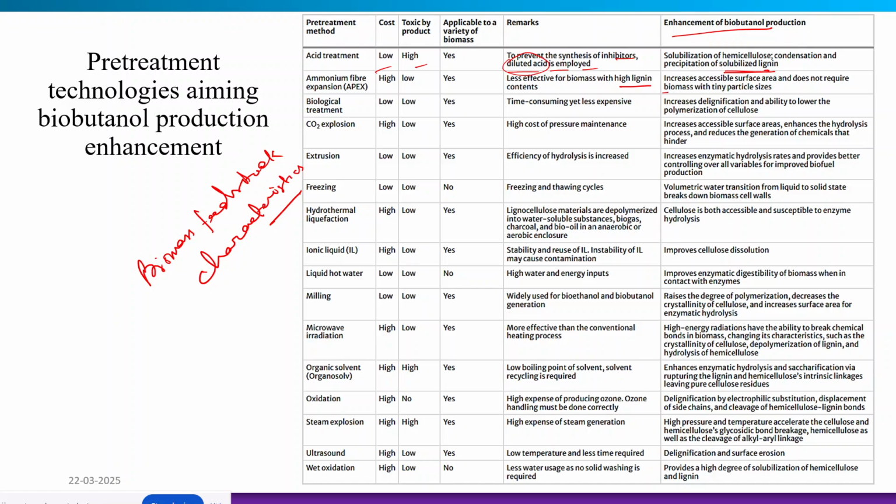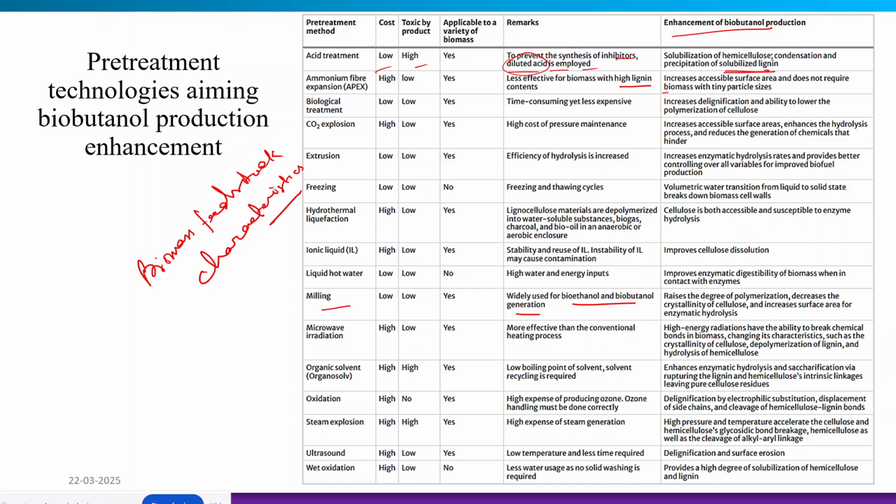Most focused is the milling process, which is used widely for bioethanol and biobutanol production. You can refer to this detailed pretreatment process, because it is a general description of efficient pretreatment, just like we follow for bioethanol production. The same kind of pretreatment process we also follow for biobutanol production, depending on the technologies available.